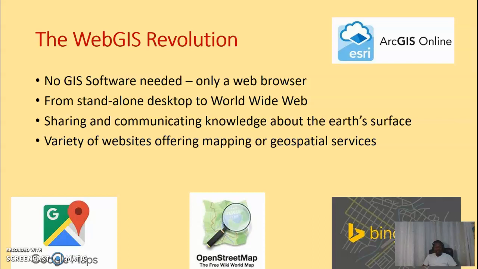on different platforms. I can share my location with my family members directly from my mobile device. There is also a variety of websites offering mapping or geospatial services. To name a few, there is ArcGIS Online, Google Maps, OpenStreetMap, or Bing Maps, from where we can access any place on the earth at any specific time.